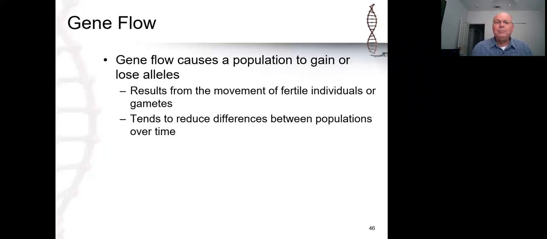While there was a limited amount of gene flow or no gene flow between them, they could evolve their own separate mutations. But as soon as there is a substantial amount of gene flow that brings alleles, and so long as it is reciprocal gene flow between the two populations, it tends to level out the differences and reduce the differences, so that the two populations, in terms of their gene pool, tend to be more of the same rather than different.